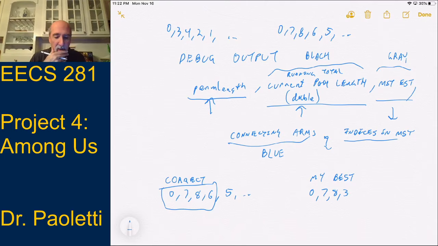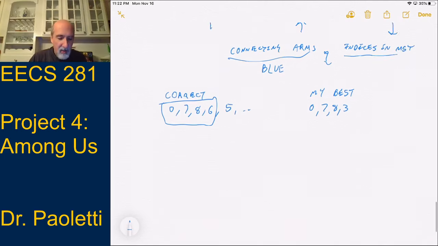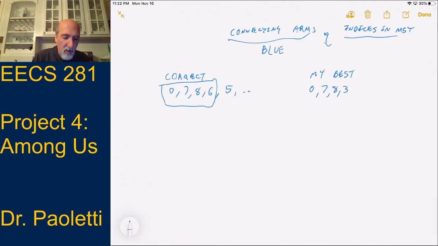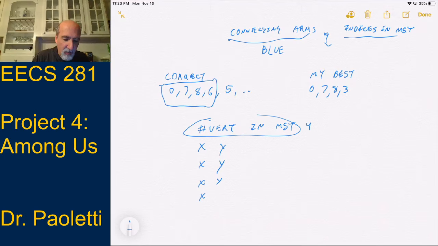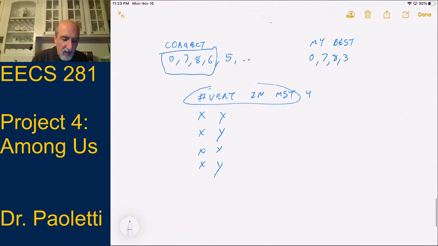What I'm going to output is the number of vertices in the MST, and I'm going to print out the x and y for all of these. So if this was 4, then I would have 4 sets of x, y coordinates. I would also print out my MST estimate.